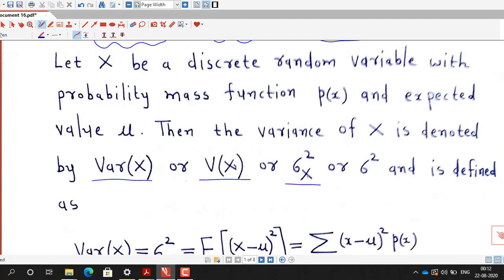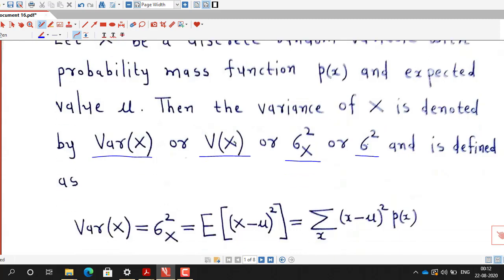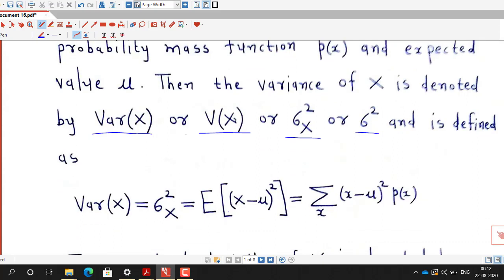This capital X indicates that this is variance of random variable capital X, or sometimes we can simply write sigma squared also, and is defined as expected value of square of X minus mu.